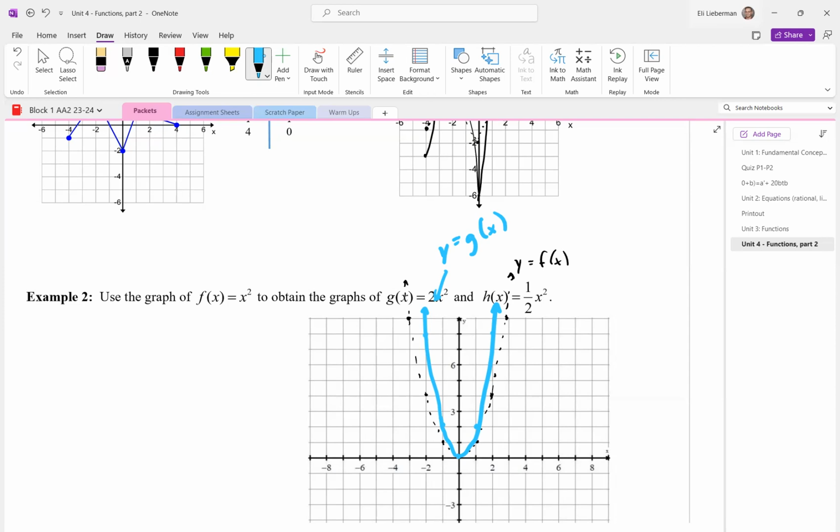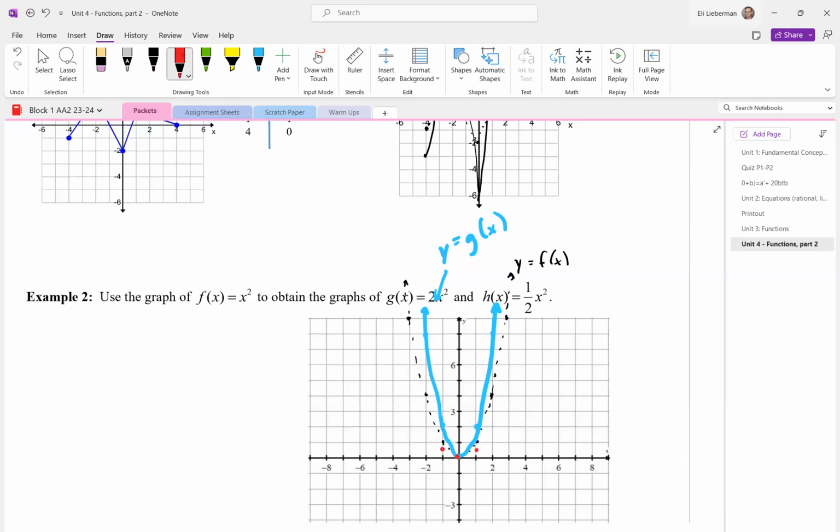All those y values are going to be halved, which means our parabola is going to be squashed. It's going to be wider, isn't it? Like 0, 0. I'll do this one in red. 0, 0 becomes 0, 0. 1, 1 becomes 1, 0.5.